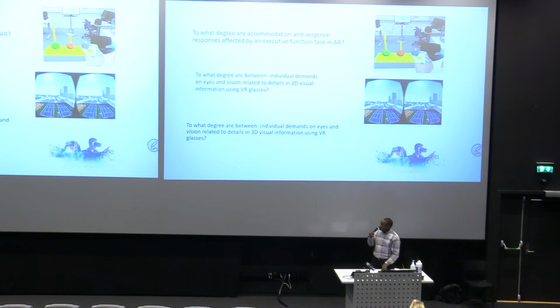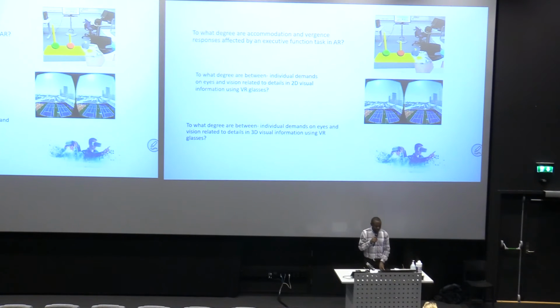So my project focused on to what degree the ability to focus and the ability to look at the simulated object affect different tasks. In our first instance, we looked at executive functions, how we plan and implement a task, for example, in industry or something like that.